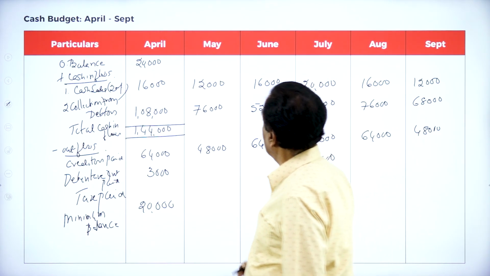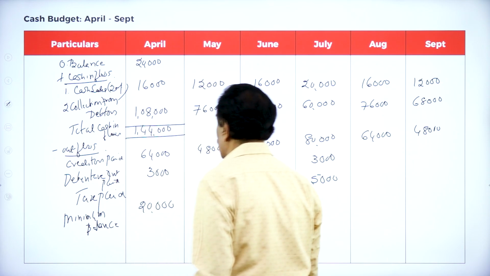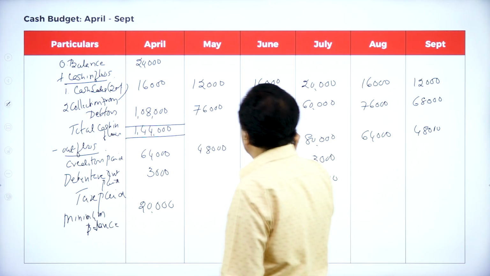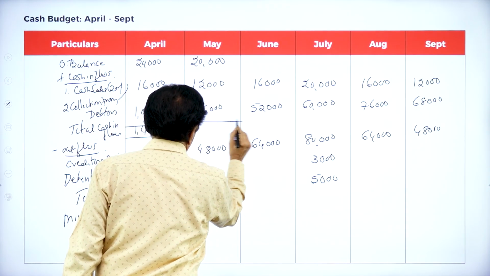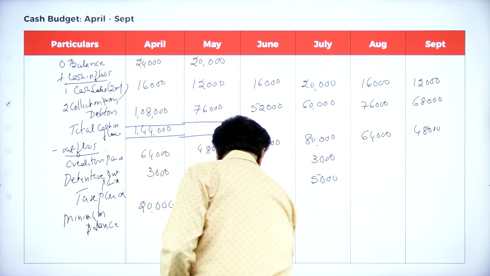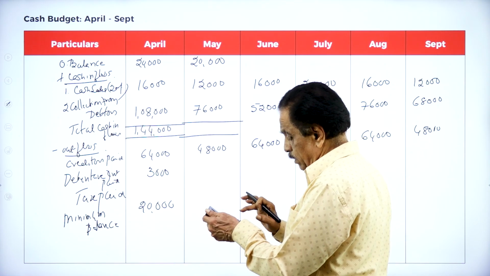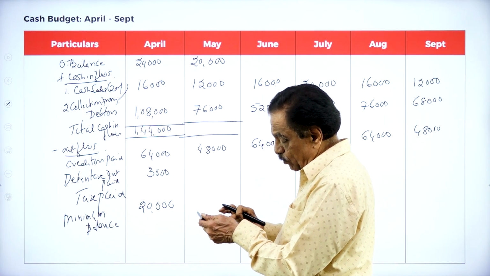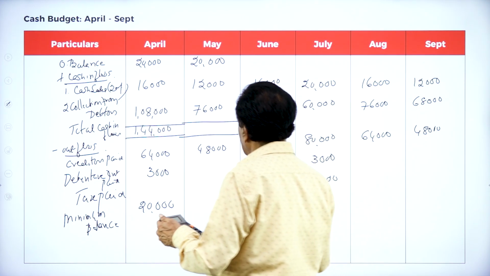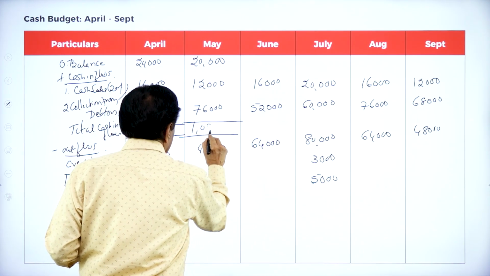Okay. So here the minimum balance to maintain is 20,000. Add the figure. So 20,000 plus 12,000 plus 76,000 equals 1,08,000.